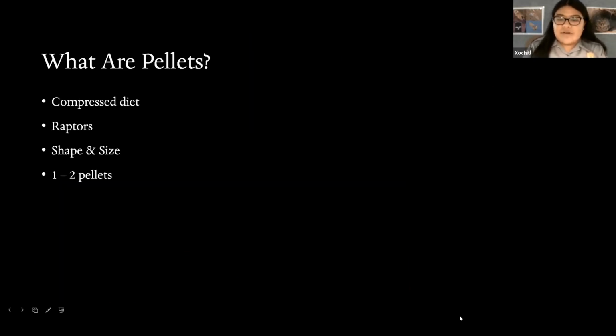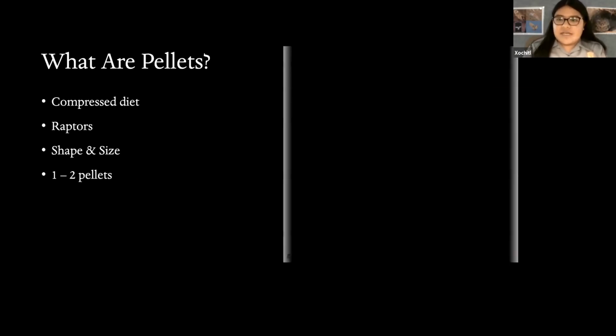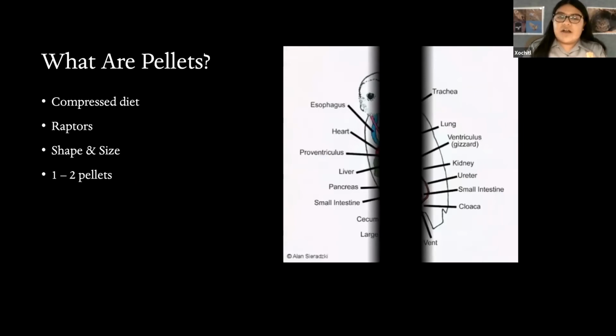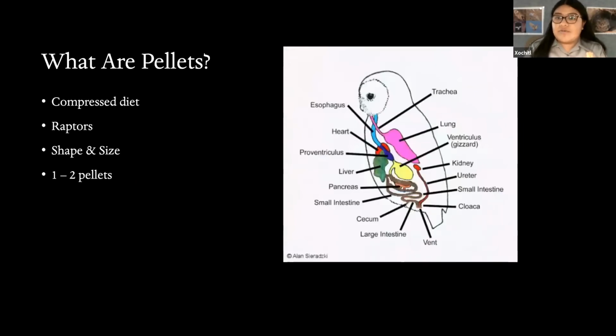So you may be wondering what pellets are, or how they are produced, and essentially they are composed of diet or food. When an owl eats its prey, it will typically eat it head first, and it will swallow it whole, and then its digestive system will break it down.